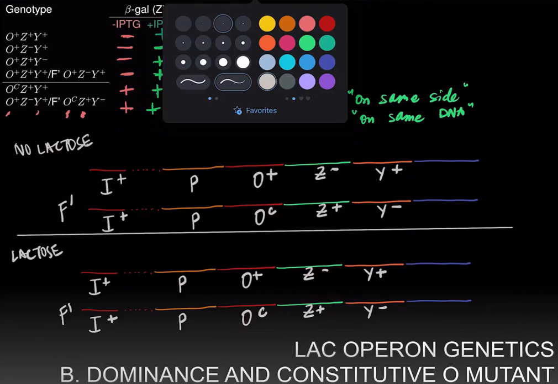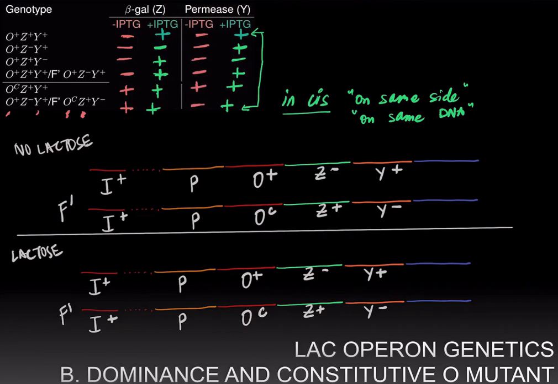Now the I plus allele is going to make a functional repressor.